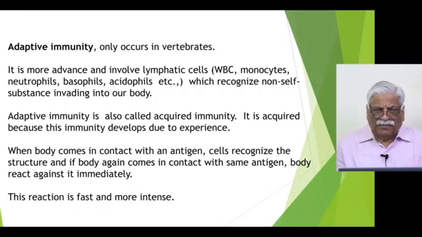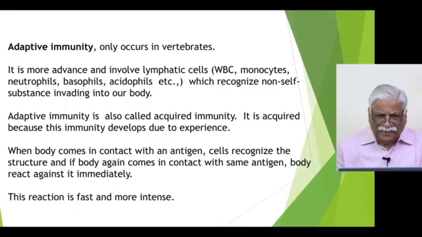And if by the action of a cell or an antibody, the reaction subsides or is neutralized, then after a long time, when the same insect bites and injects the poison into our body, the body will immediately react against it.